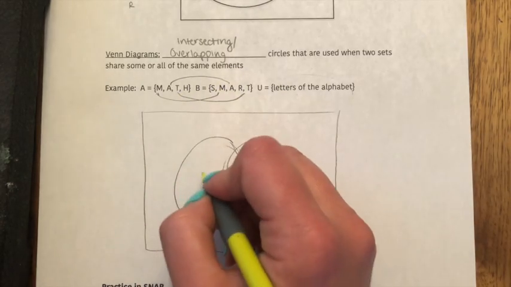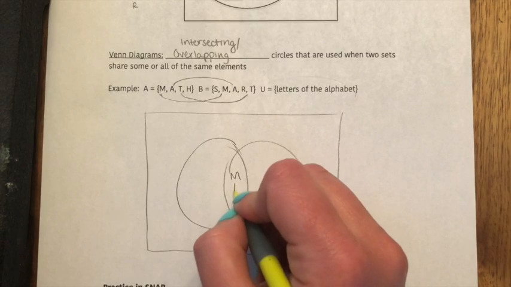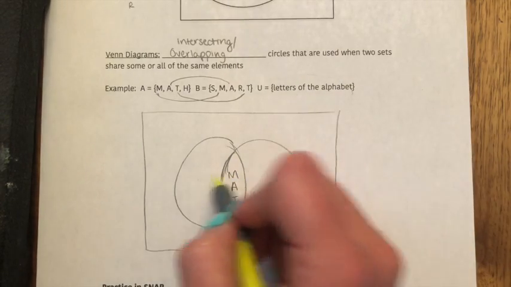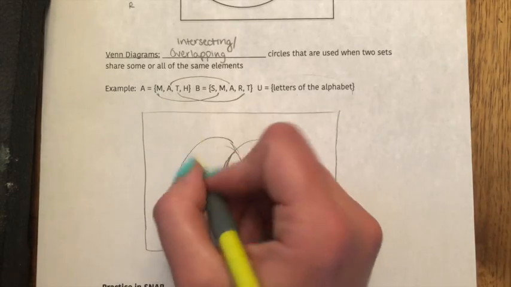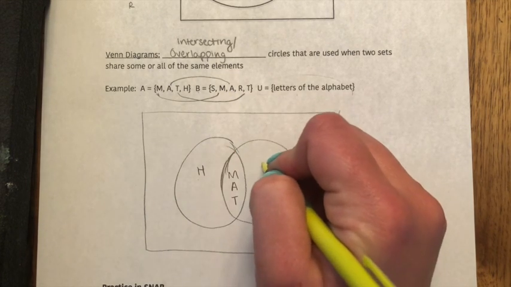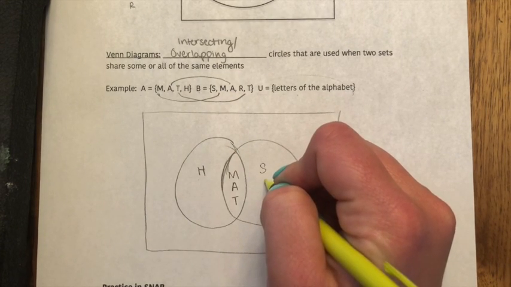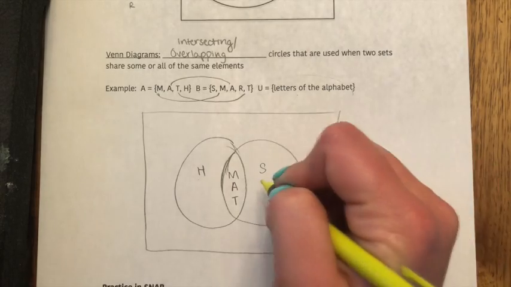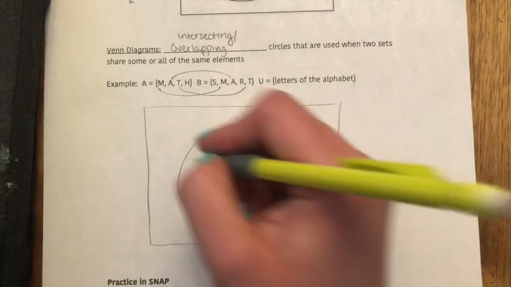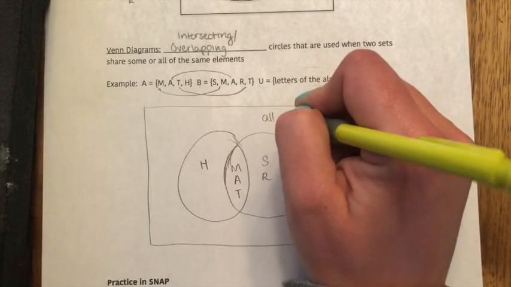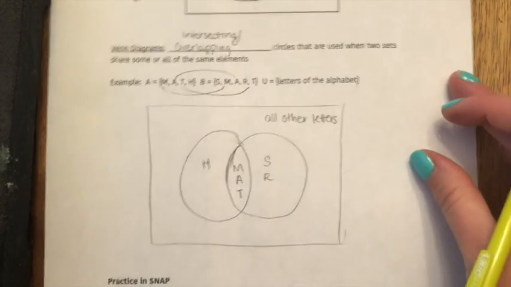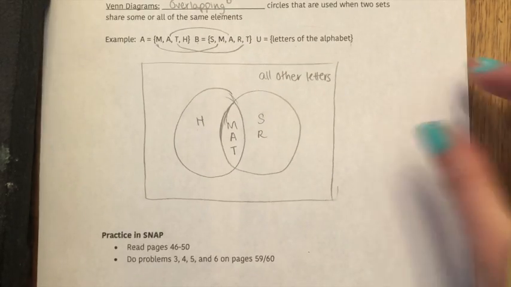So if this is A, M, A, and T are going to be in that overlapping section with A and B. And then A would have H by itself, B would have S and R by itself. And then the rest of the letters would just be in that universe that we could choose from if we wanted.